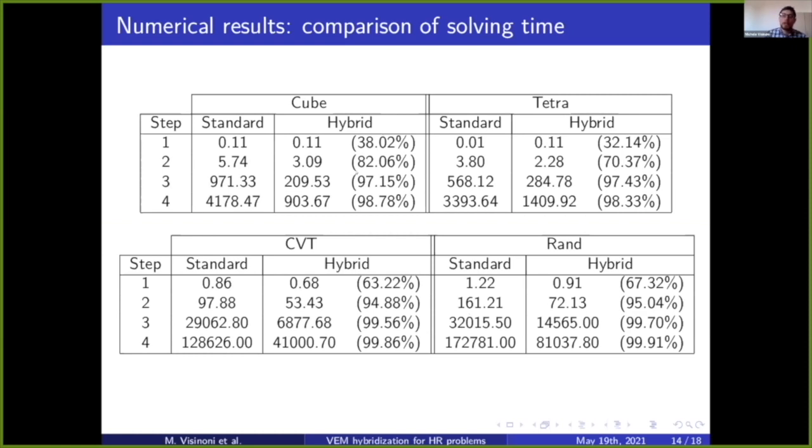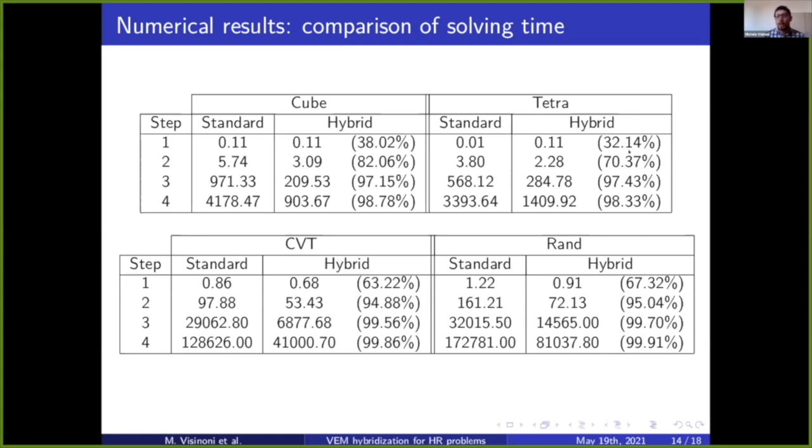Another observation is the following: in the brackets is the percentage of the time that we spend only on solving the symmetric linear system in the hybrid, with respect to the global time, which includes the algebraic manipulation. When this percentage goes to 100%, we can observe the advantages of the hybrid with respect to the standard.